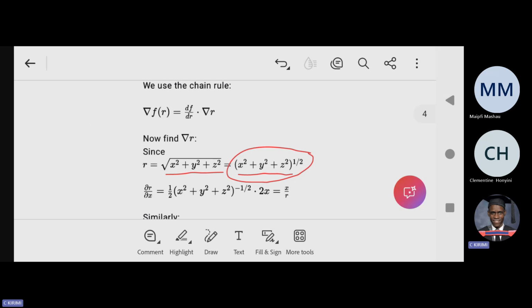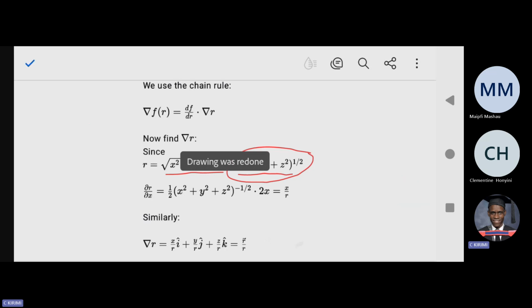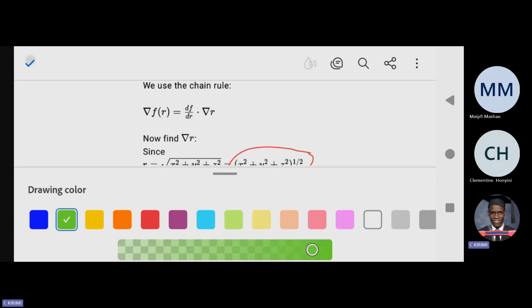The half, which is the exponent, comes in front. Chain rule. Which half am I referring to? I am referring to the half which is the exponent, this one, in green.